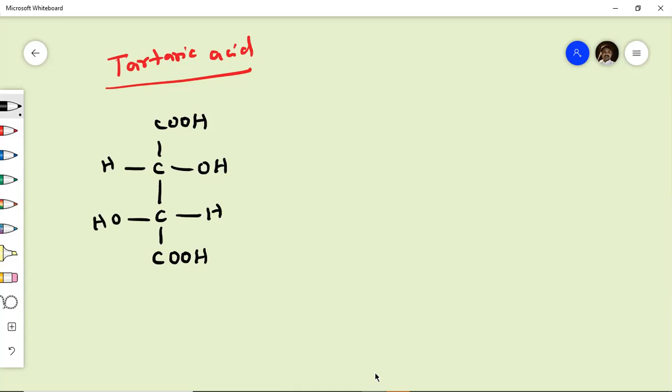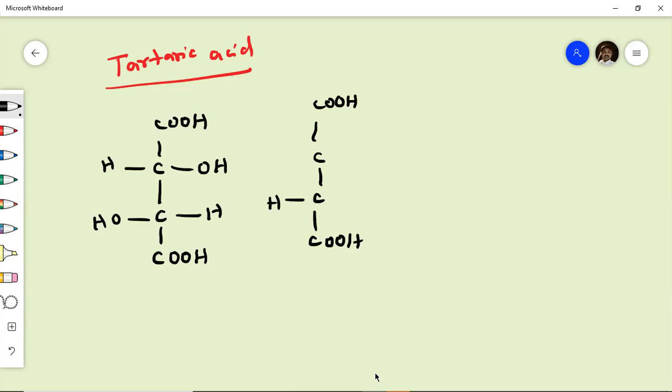Actually, this is an optically active form. For the other one, if you write the OH and all these things in reverse, then you can write the mirror image now like this.